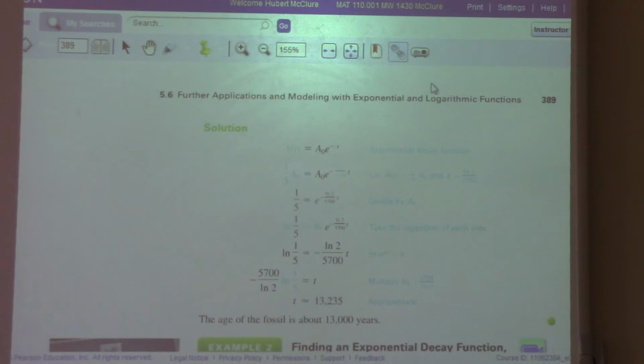And why are we taking the natural log? Because it's E. Anytime you have a business model, a half-life or a decay, are you going to use log or natural log? You're going to use natural log because it's going to be E. So you take the natural log of both sides.